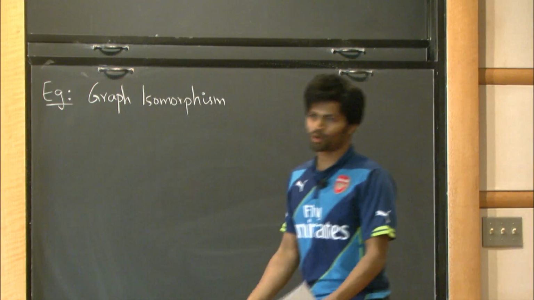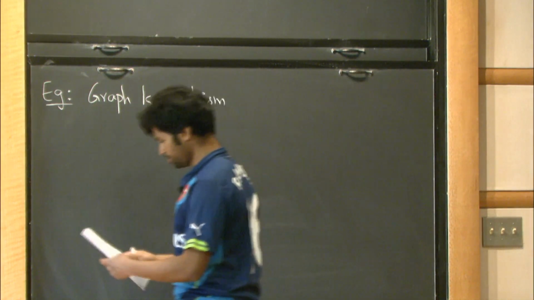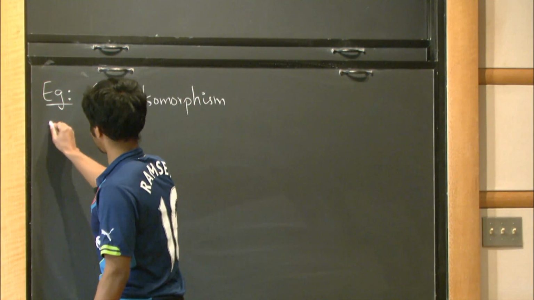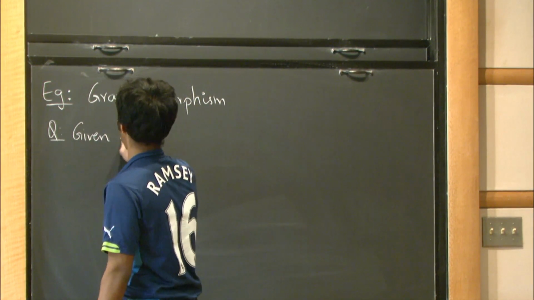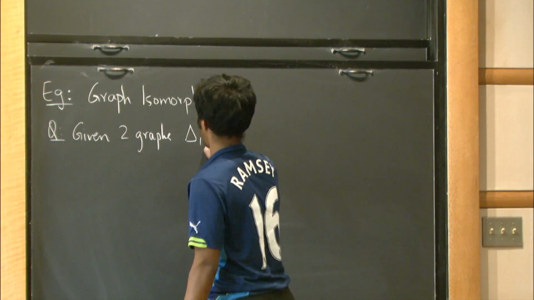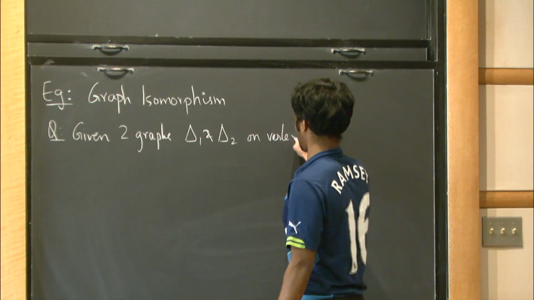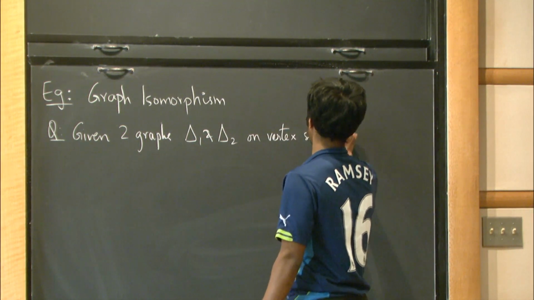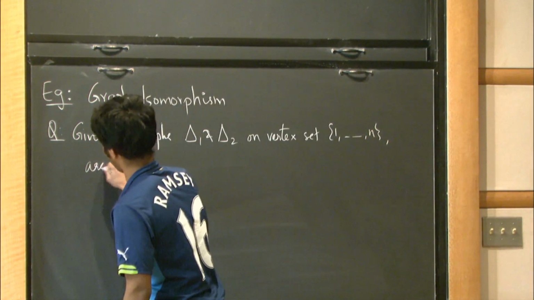This is a problem in complexity, but it's an extremely elementary problem, and it asks for this. Given two graphs, delta 1 and delta 2, and let me just fix the vertex set for both, are they isomorphic?